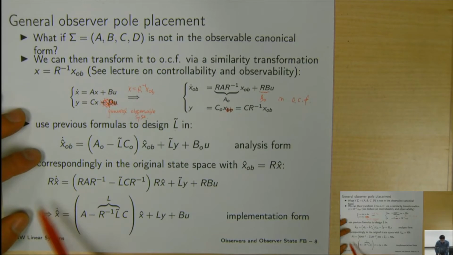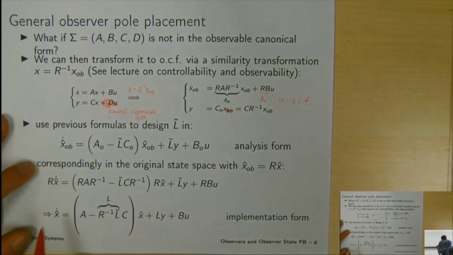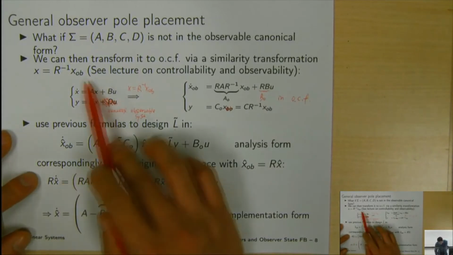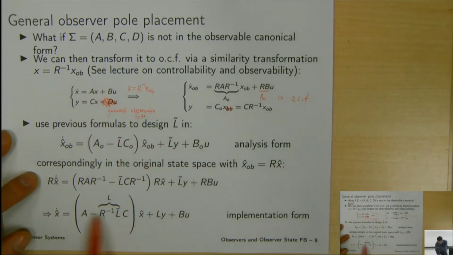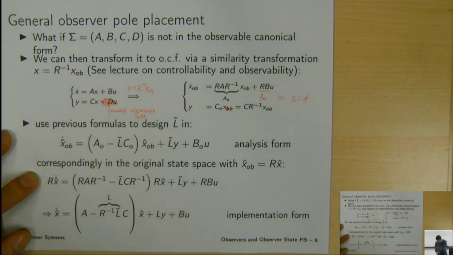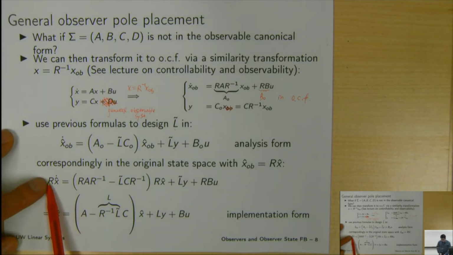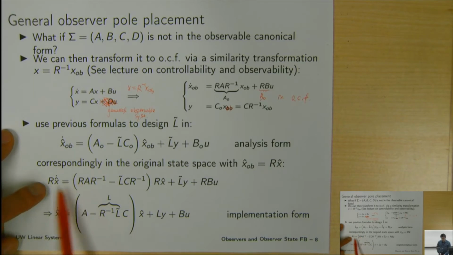Then with some simple algebra, we can see this corresponds to an observer in the original state space. If you take a look at the notation, it's x hat. So read it out: x hat dot equals, this R and this R are going to cancel out.